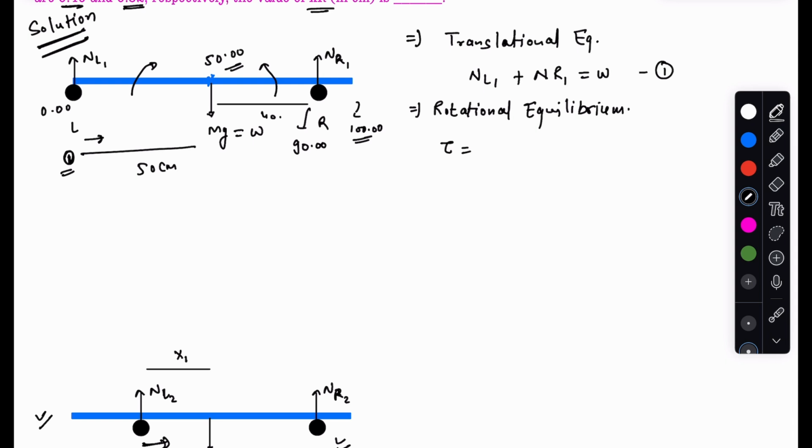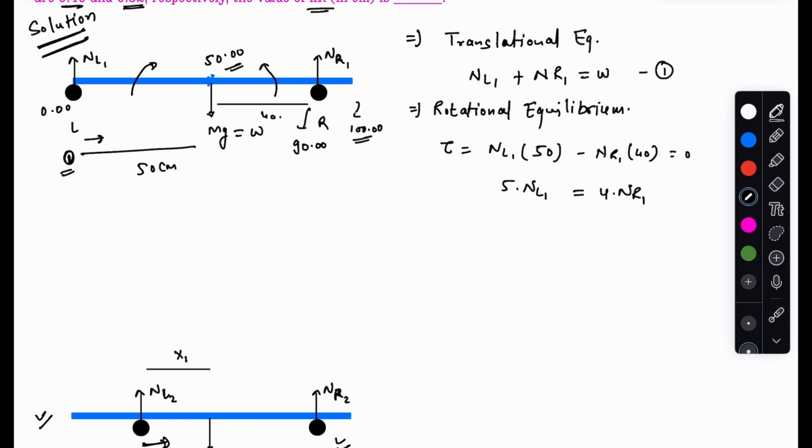I am taking clockwise to be positive, so nl1 times 50. I am putting both in centimeters, and since we equate the torque to 0, the unit is not going to matter. So minus nr1 times 40 equals 0. So 5 times nl1 is equal to 4 times nr1.